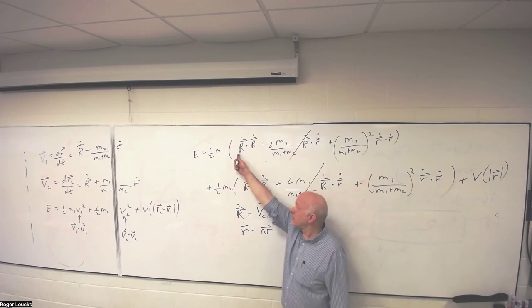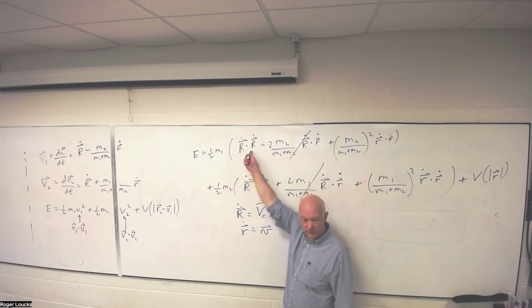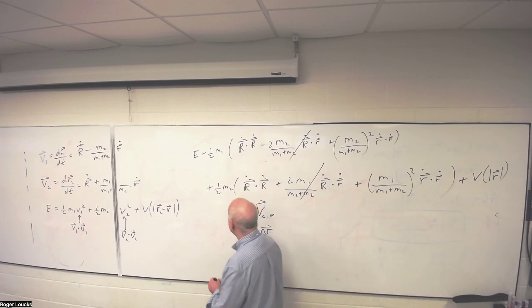So what happens if I have the velocity of the center of mass times the velocity of the center of mass? The velocity of the center of mass squared.